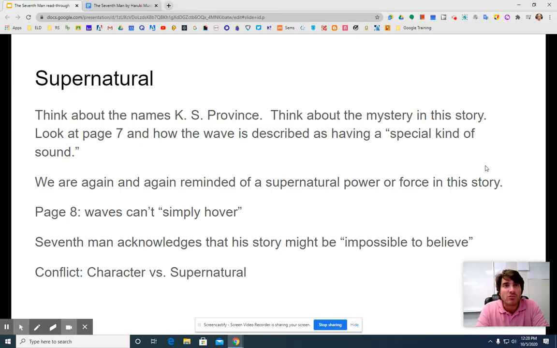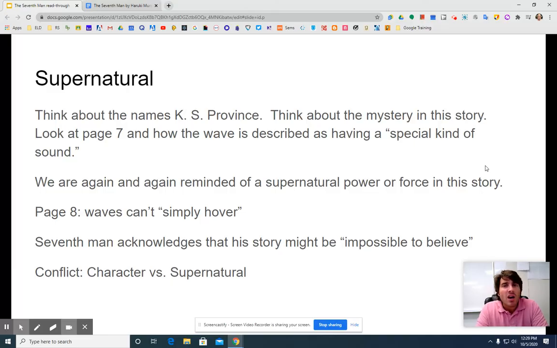Page 7, we get the description of the wave as having a special kind of sound. Well, what's special about a wave? I mean, we're SoCal, we go to the beach, we hear waves. Waves sound like waves. I imagine they sound the same everywhere. And I imagine the seventh man has heard thousands and thousands of waves. So why is it all of a sudden this different, strange sound?